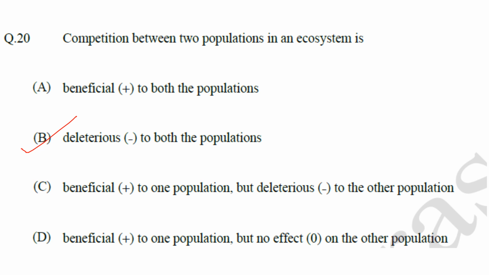So that also can result in being deleterious to both the populations. Then another is exploitative competition, where both the populations exploit the same resources, thereby reducing their availability. So that can also be deleterious to both the populations. That is competition between two populations.